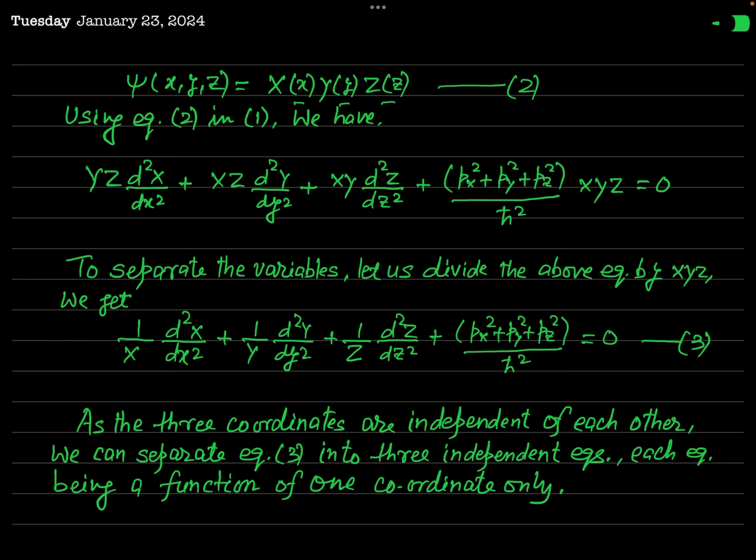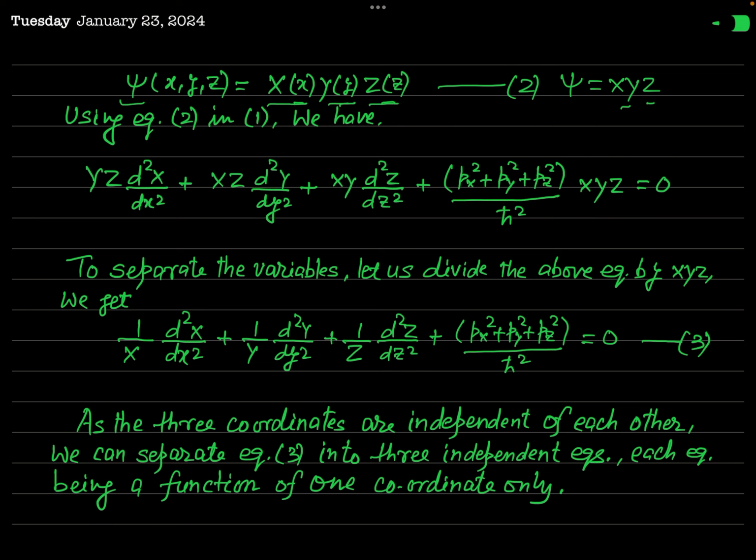So you can write that psi is equal to capital X of small x, capital Y of small y, capital Z of small z. It means we are considering that psi is equal to X times Y times Z, where this capital X is a function of only one variable, small x. Similarly, capital Y and capital Z are functions of small y and small z respectively, only.